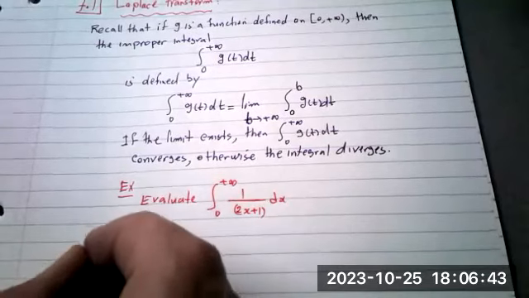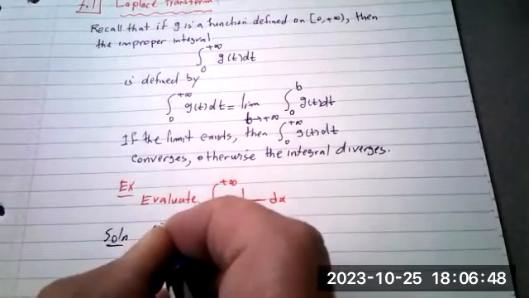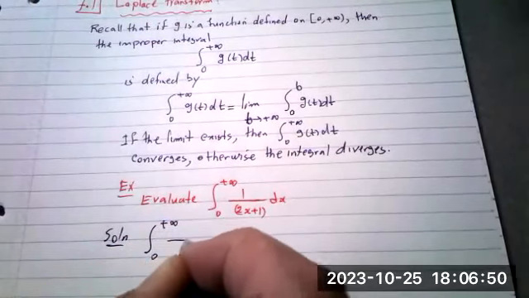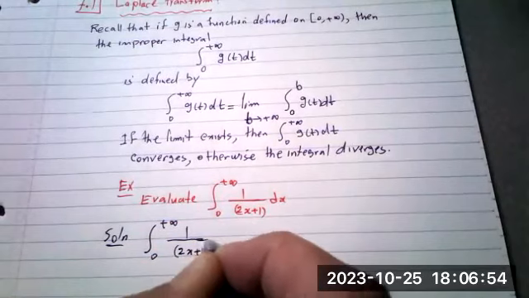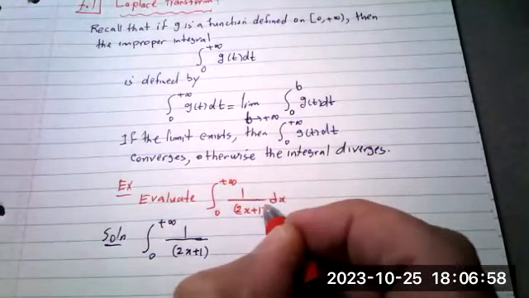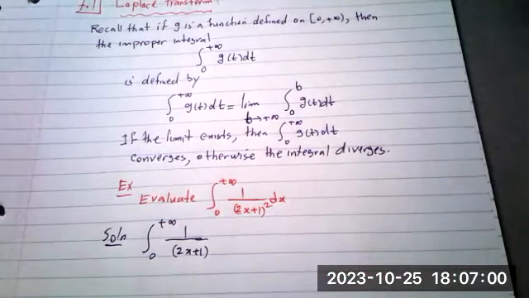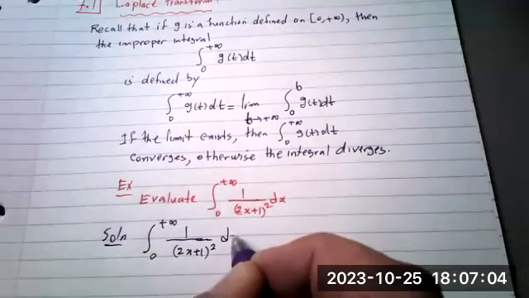So the solution is going to be the integral from 0 to positive infinity of 1 over (2x plus 1) squared, since I want something to be convergent. This is the one.